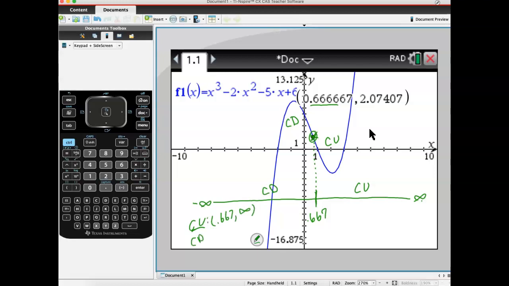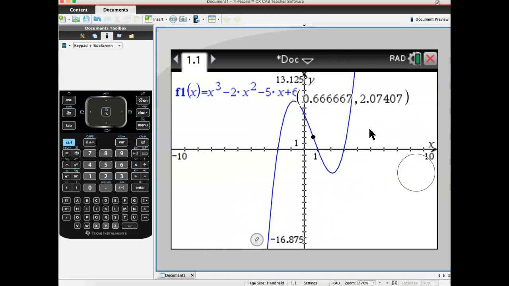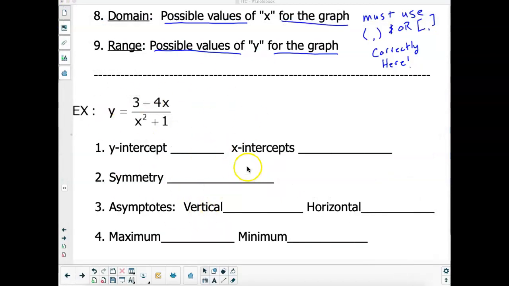Concave down, negative infinity to 0.667. And again, stick with parentheses on intervals of concavity and intervals of increasing and decreasing, and you will always get them right, okay? Only stating domain and range, are they picky on which parenthesis or bracket you use, okay?